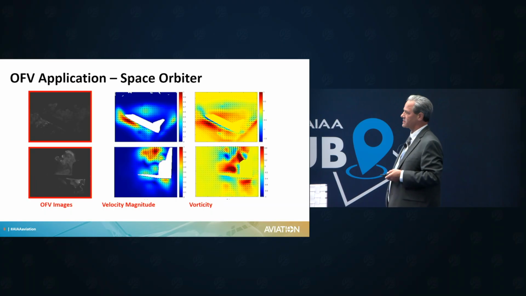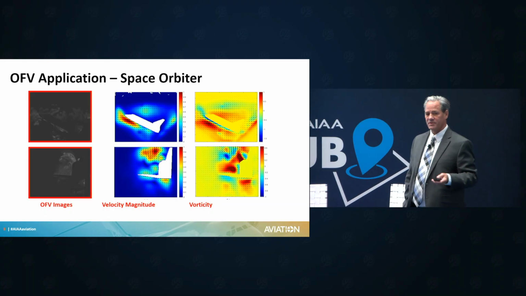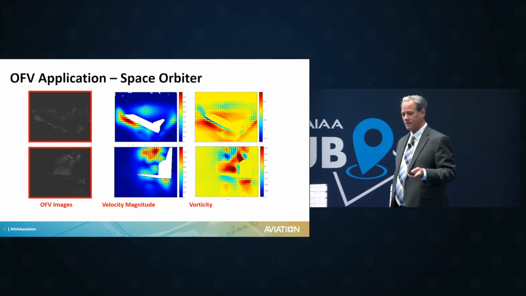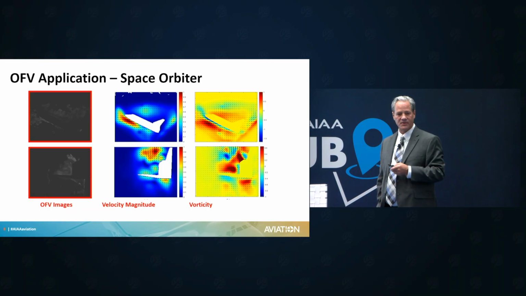Then you can see some of the OFV images. Through the image processing, which is similar to PIV but more accurate because of the optical flow method, we're able to derive the velocity magnitude and the vorticity around the Space Shuttle orbiter.